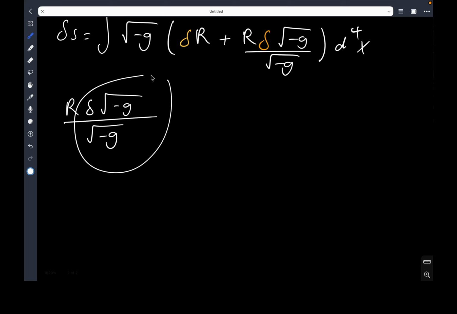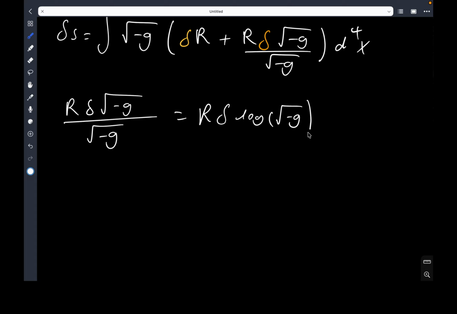As you might notice, this is very similar to the derivative of a logarithm. So delta root negative g over root negative g can be written as R delta, the variation of log of root negative g.